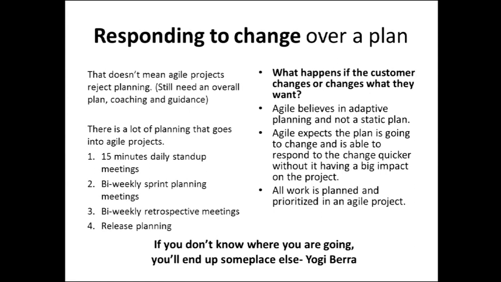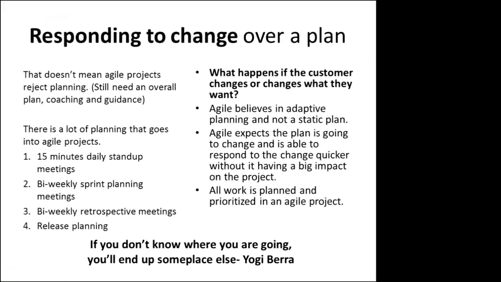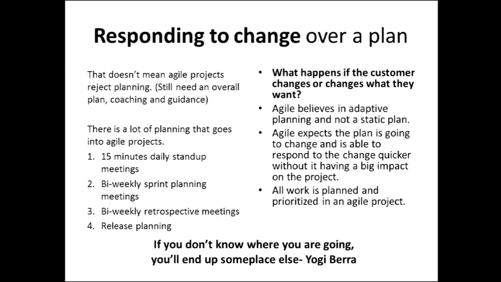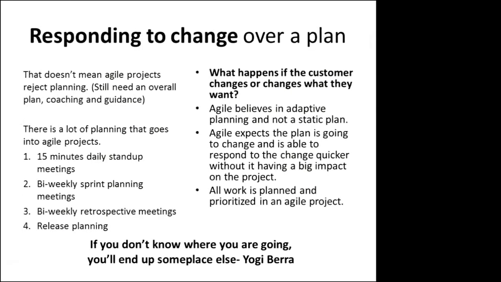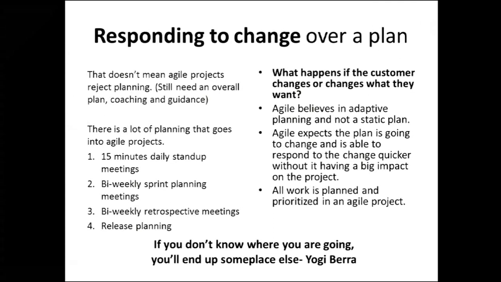I need this function to work. Otherwise, nothing else in this application works right. So we need this done first. Anything else can be secondary to it. And so with the idea of planning, if you don't know where you're going, you'll end up someplace else. You'll be buried.